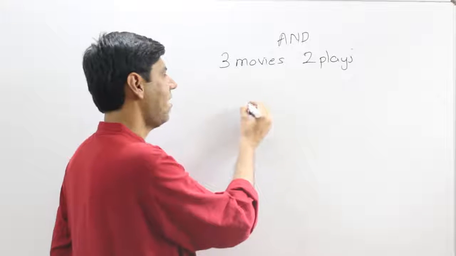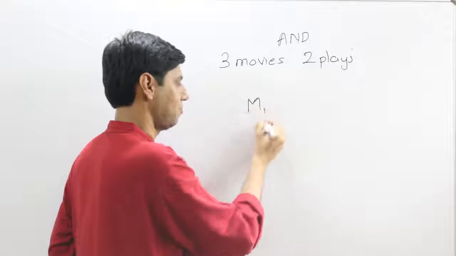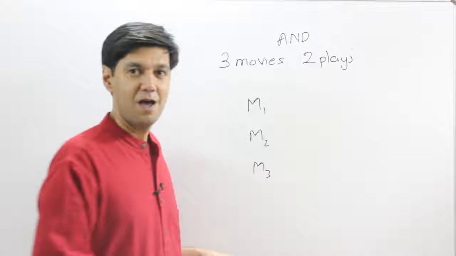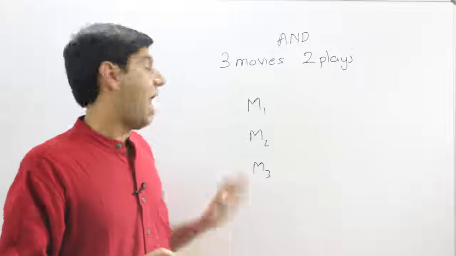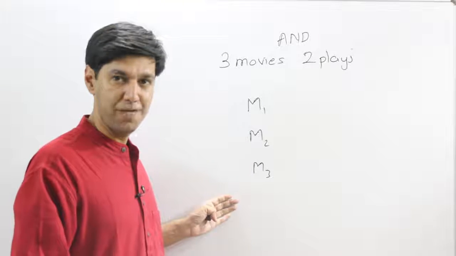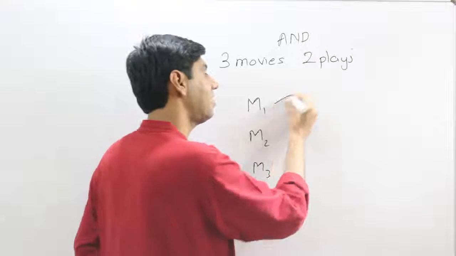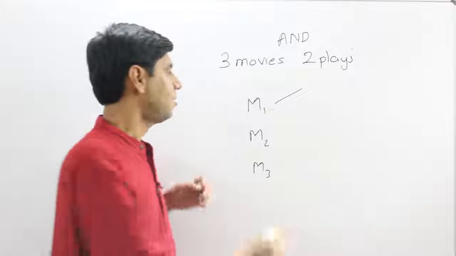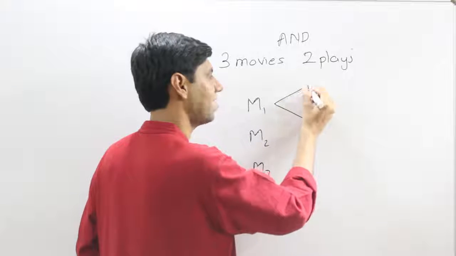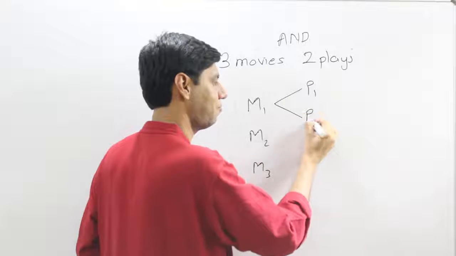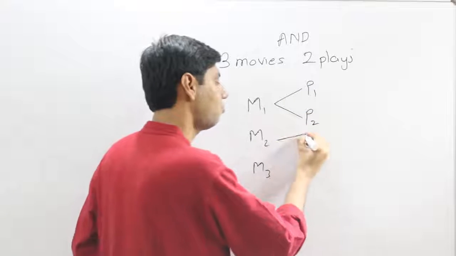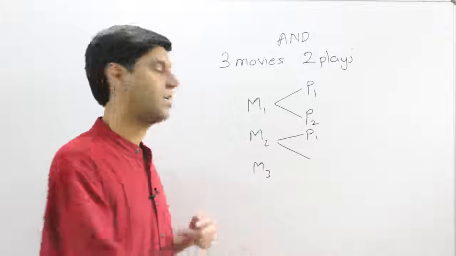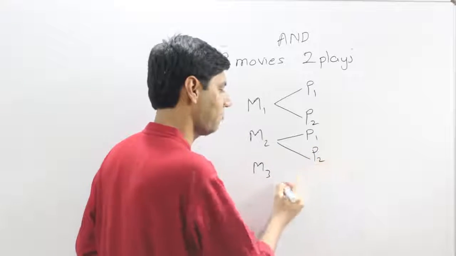With movies, I still have the possibility of 3 movies. Movie 1, movie 2 or movie 3. Now the key word here is having selected a movie, there are further how many ways in which I can watch the play. So with movie 1, I could watch either play 1 or play 2. With movie 2 also, having watched movie 2, I could continue and watch a play 1 or a play 2.